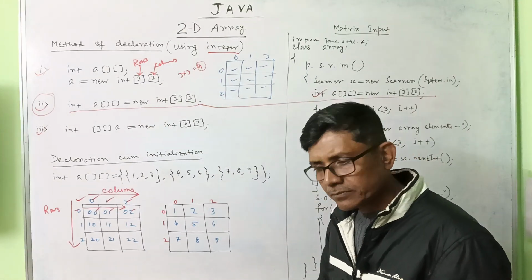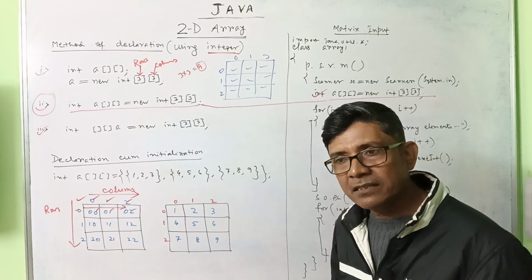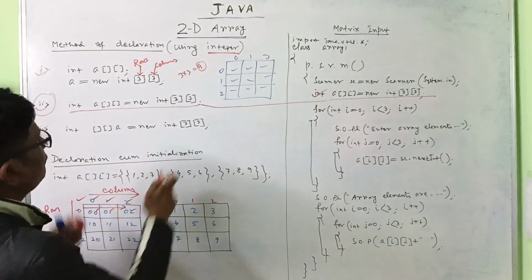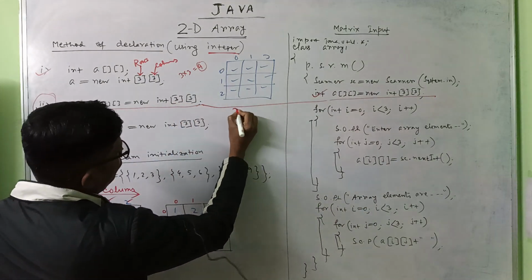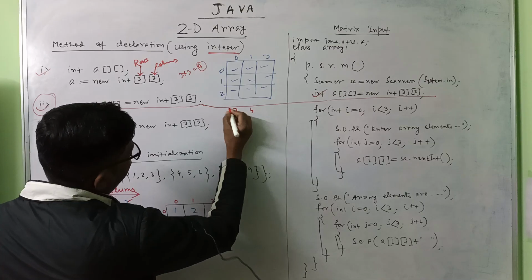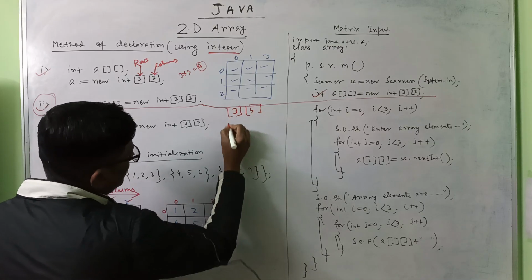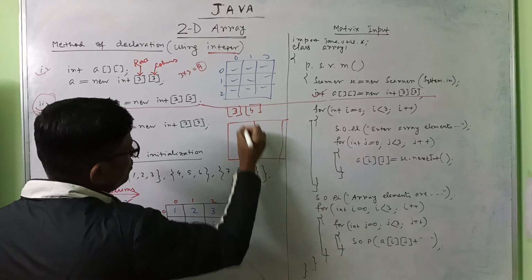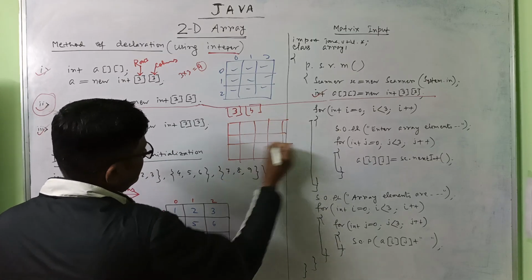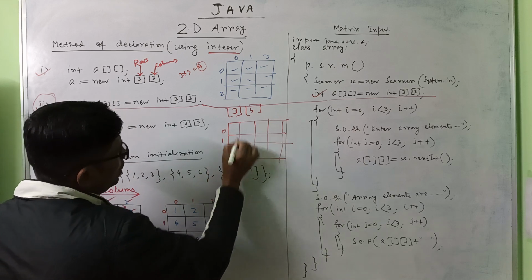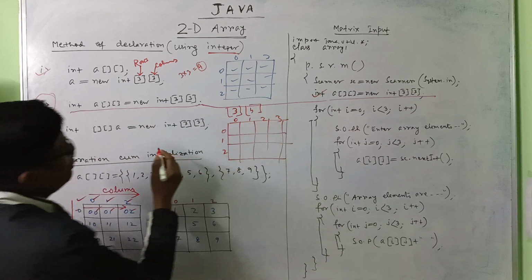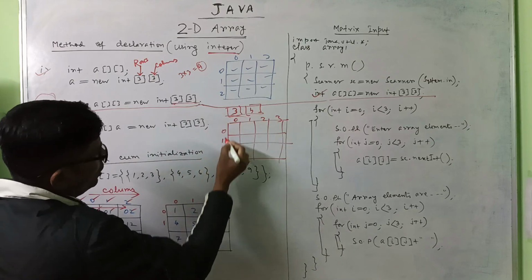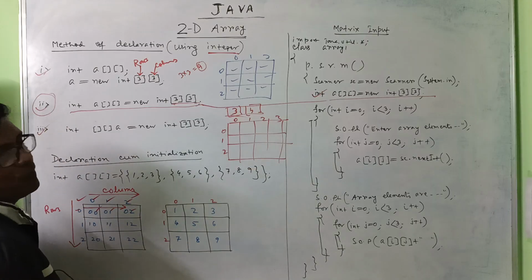You can make the array in different sizes also. Suppose if you change it to 3 by 4, what will happen? 3 by 4 means number of rows 3, number of columns will be 4. So if you divide this way, that means this is 0 1 2, and 0 1 2 3. If you write 3 by 4 in this place, the frame will look like this.